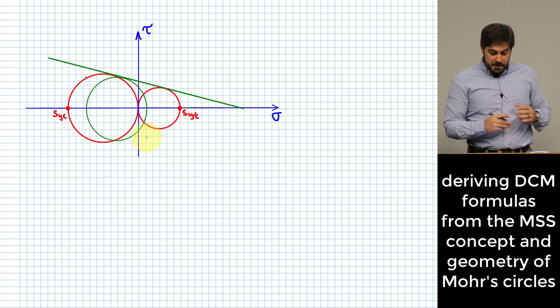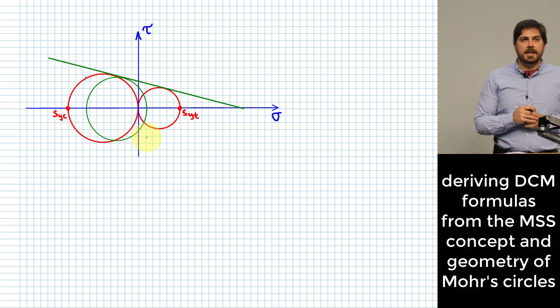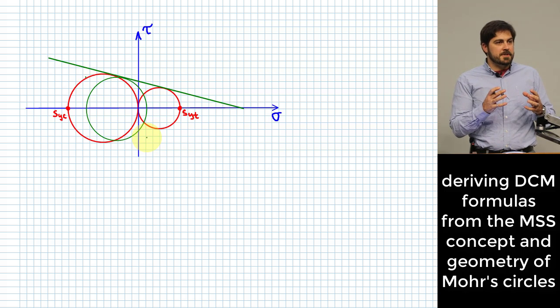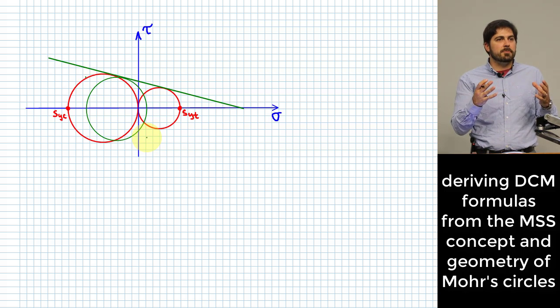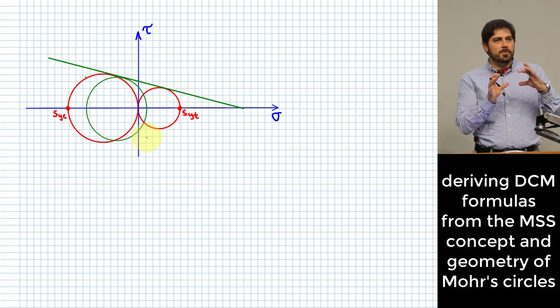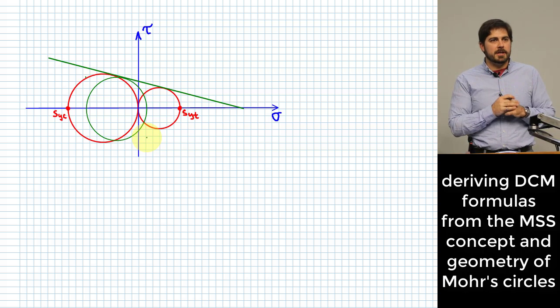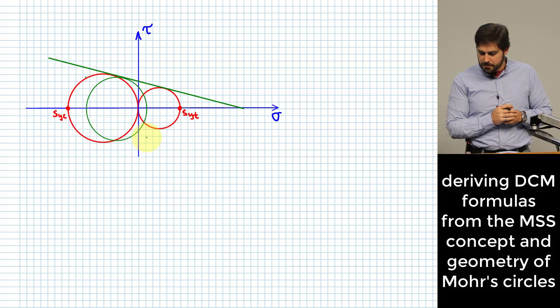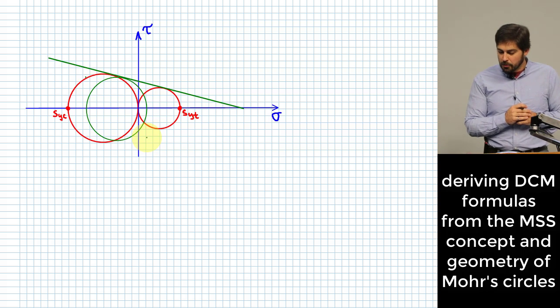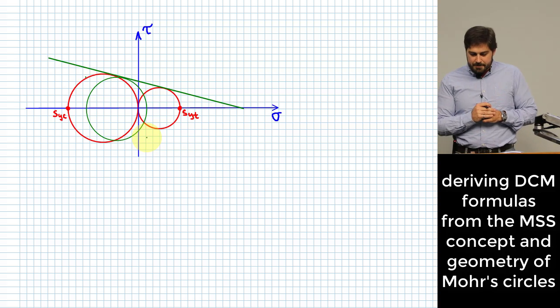This state of stress doesn't have to just be principal stresses. It can be any state of plane stress with shearing on it or whatever, and from that, we can come up with what the principal stresses really are. So that circle represents a state of stress.